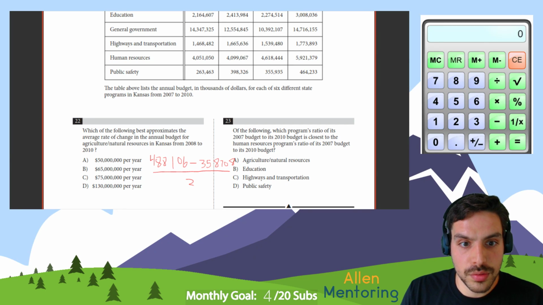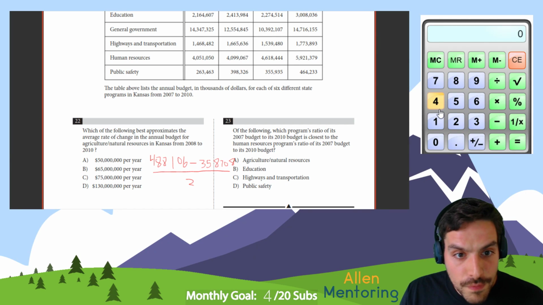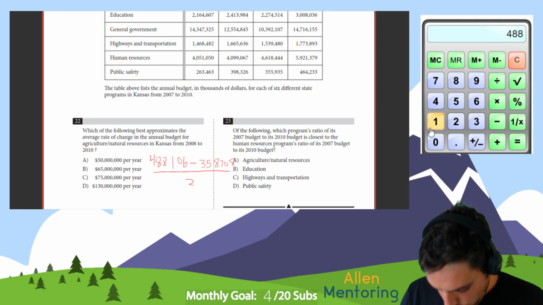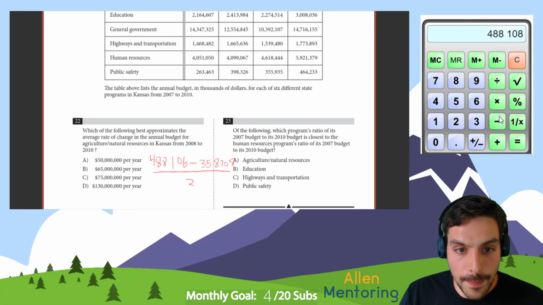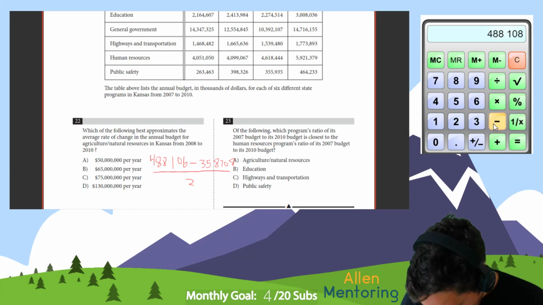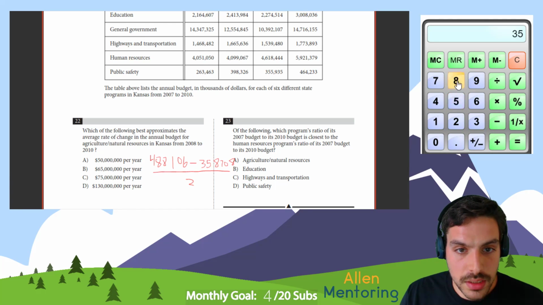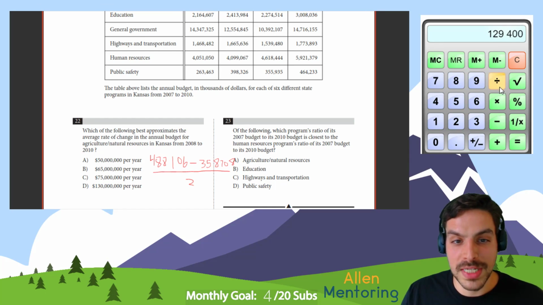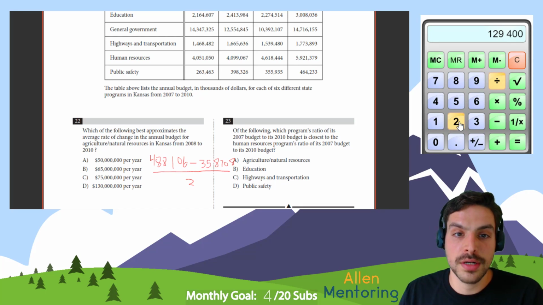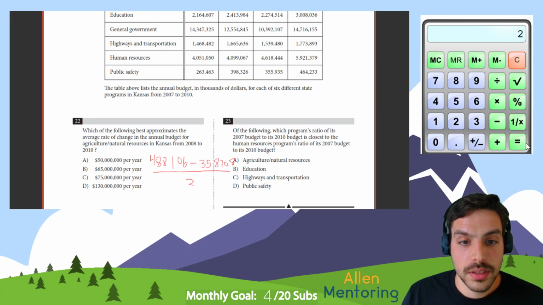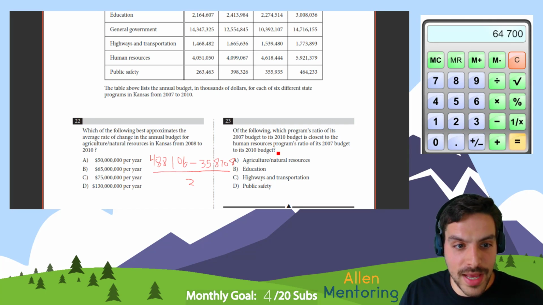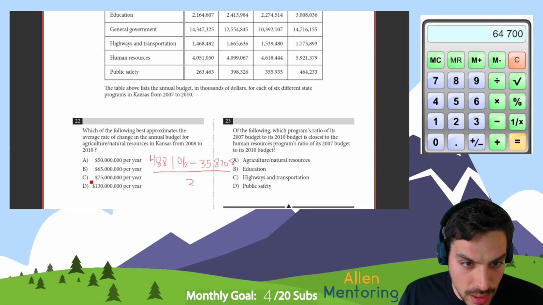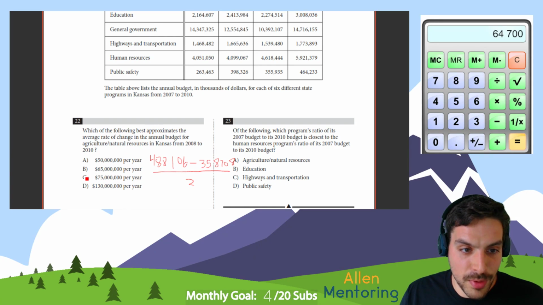What are those values? It was 488,106 minus 358,708. Okay, and then I'm going to take that value and divide it by 2 because I want the average rate of change per year. There's only been 2 years. And so now I get 64,700. And it says approximate, so that approximates to about 65 million.